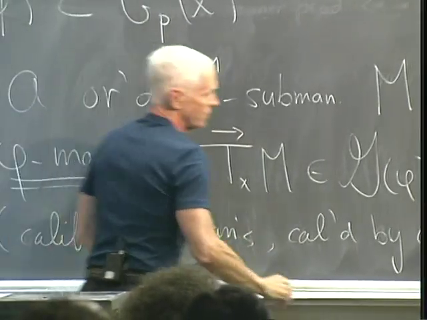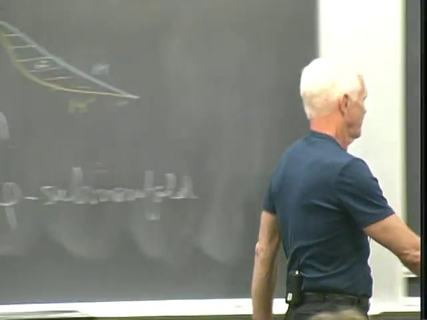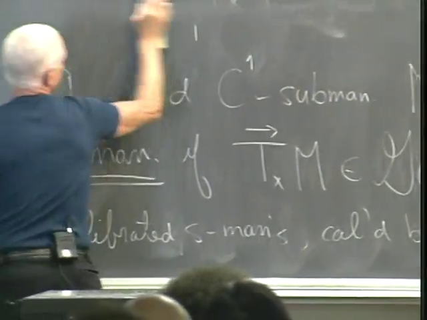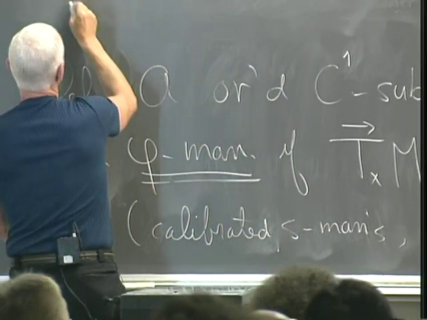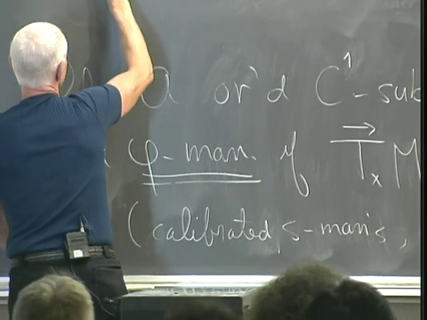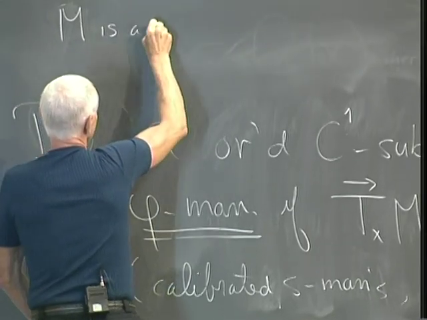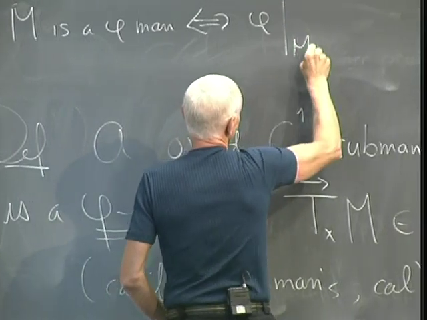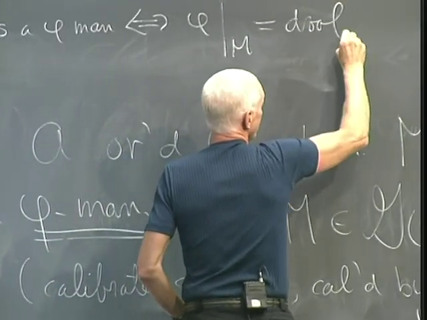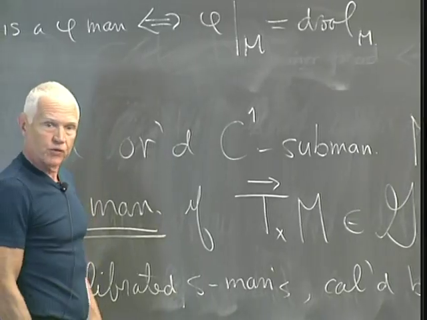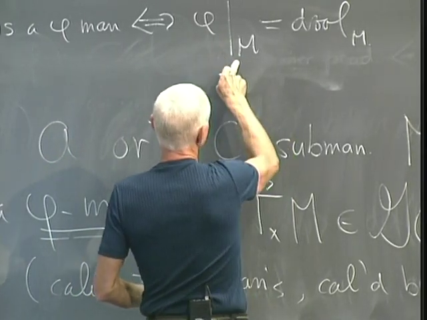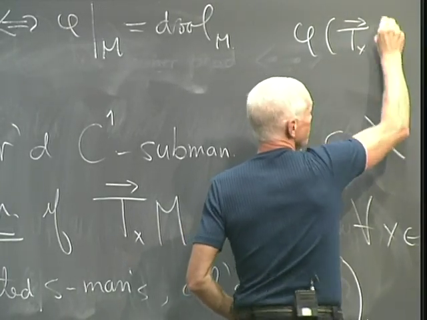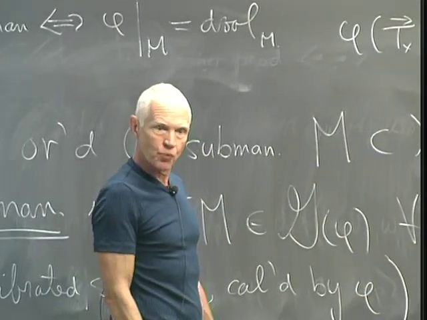An alternative way of making this definition is to say, notice that M is a phi manifold if and only if phi restricted to M is equal to the volume form of M. Because what is phi restricted to M? Phi restricted to M is phi applied to the unit simple tangent vector at M. That's another way of thinking of it.